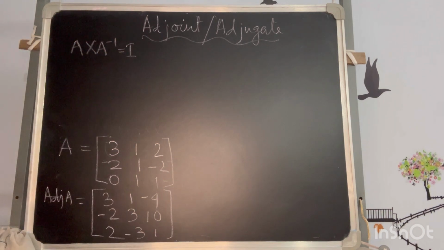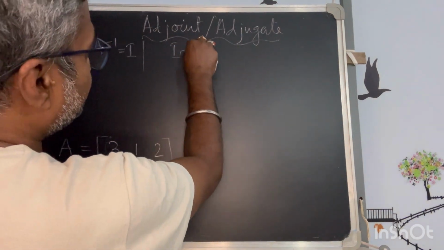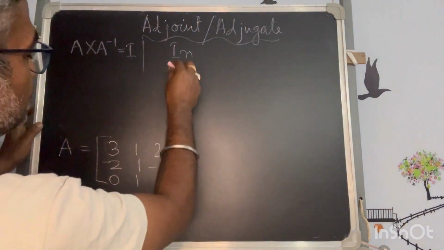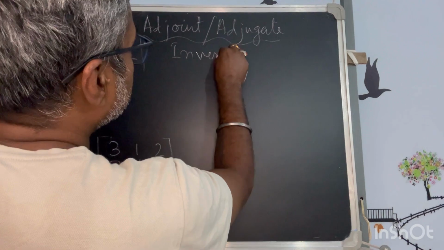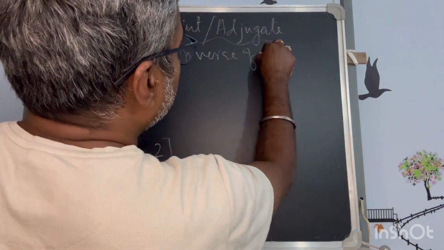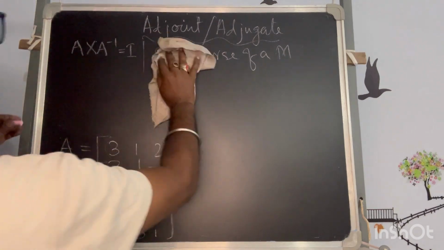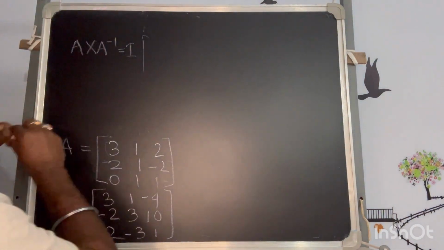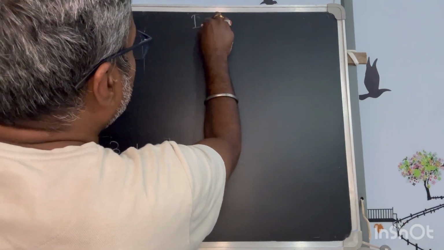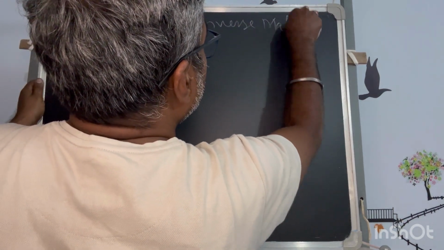So the inverse of any matrix is the next topic, and I am keeping this because it will be useful to find the inverse. So inverse of a matrix will be my second topic. Let me write it there on the top. Inverse of a matrix, or inverse matrix you can say in one term.